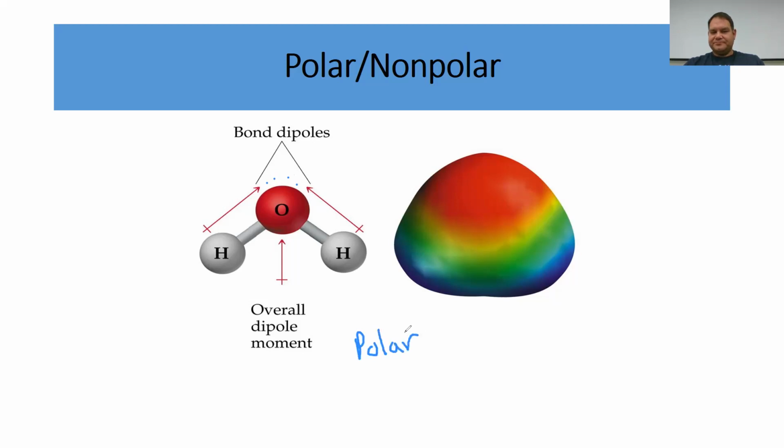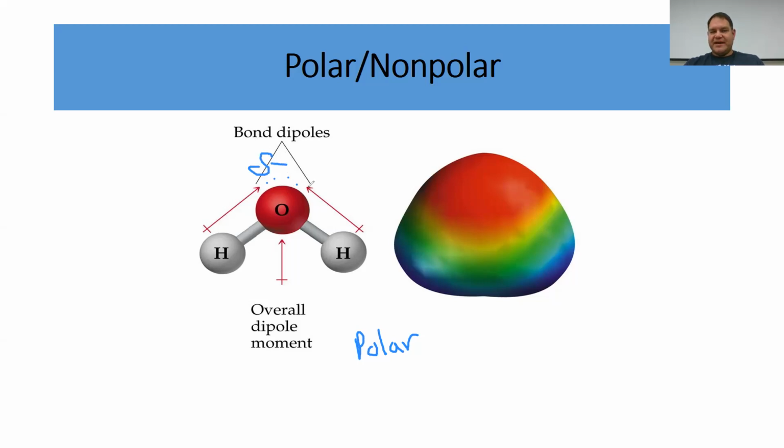Water is polar. Now, because of that, as a result, it's got to form positive and negative poles or ends. So because there's going to be a greater electronegativity on this oxygen, and both arrows are pointing towards it, oxygen is going to be partially negative.